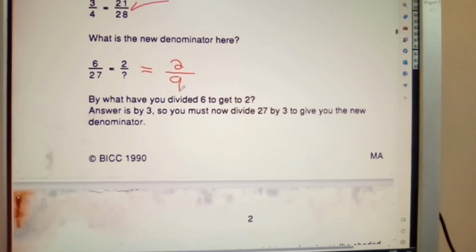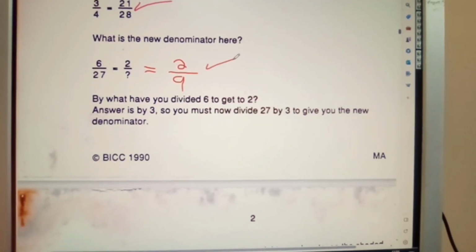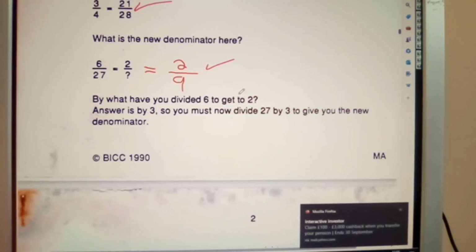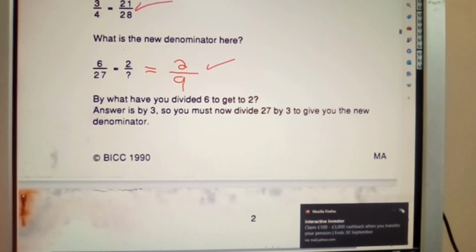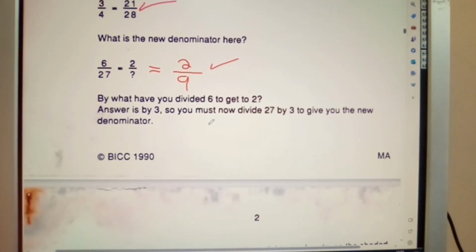Now check this for yourself, because that could be wrong. So don't take what I've written as gospel. You need to apply your own learning style to what you must understand.